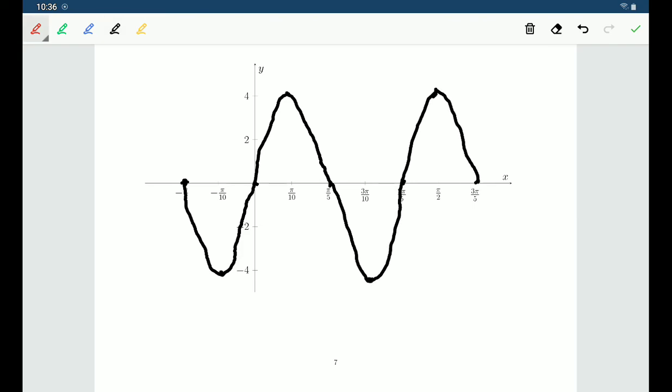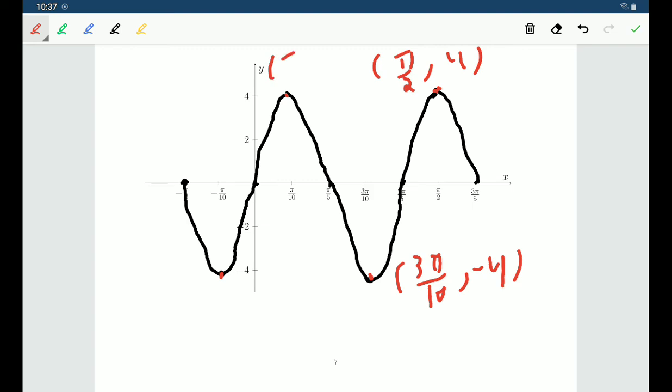And there we go. Now these points, I really should be labeling them. So for example, I should label this point as pi over 2 and 4, this one as 3 pi over 10 and negative 4, and pi over 10 and 4, and negative pi over 10, negative 4.